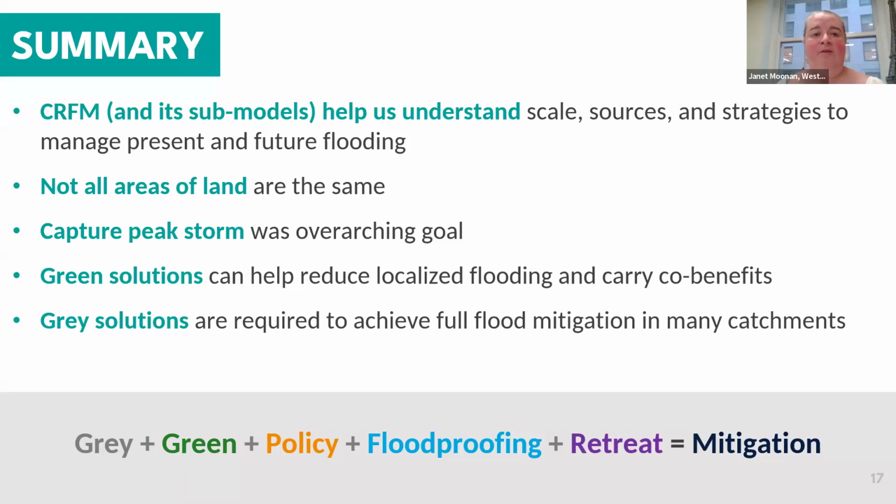Green solutions do help reduce flooding. They reduce localized flooding, they carry many co-benefits, but we are seeing gray solutions can't be ignored. Ultimately, a combination of green and gray, policy, as we've talked about in many previous meetings, flood proofing, and even in some cases, ultimately retreat will be the way to achieve total mitigation.